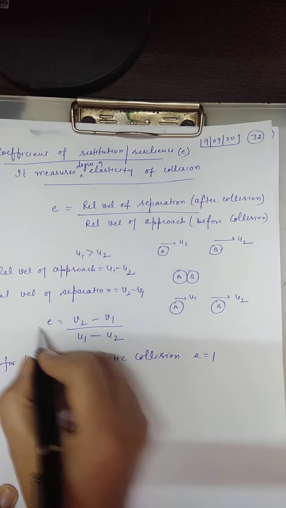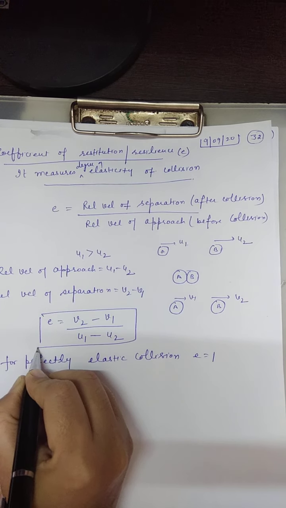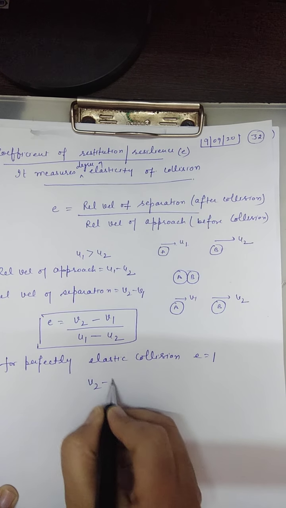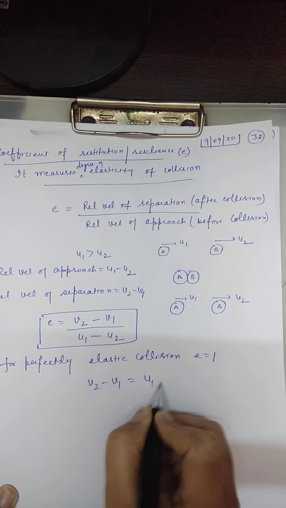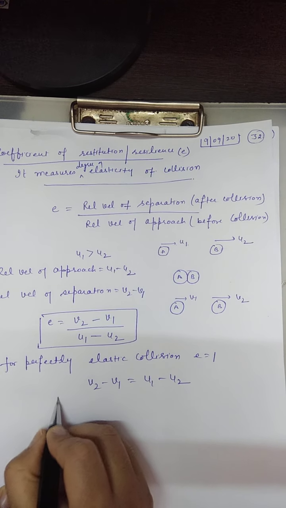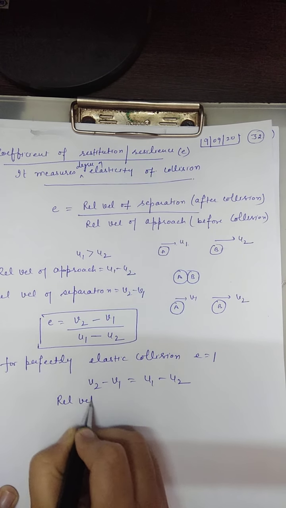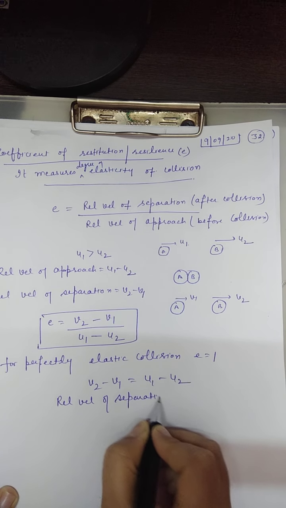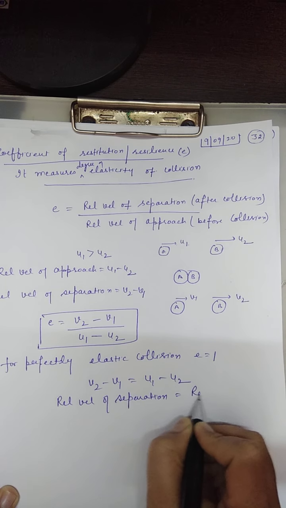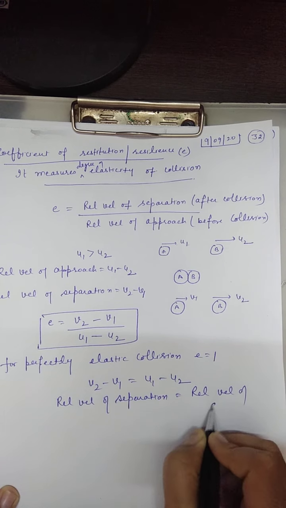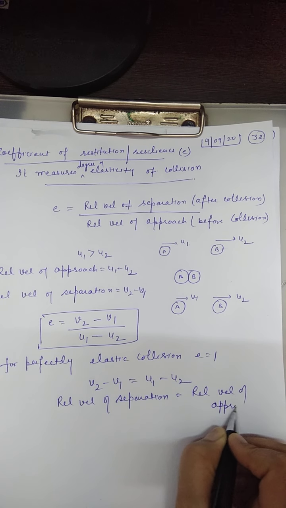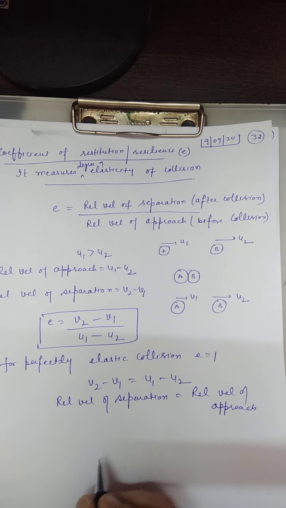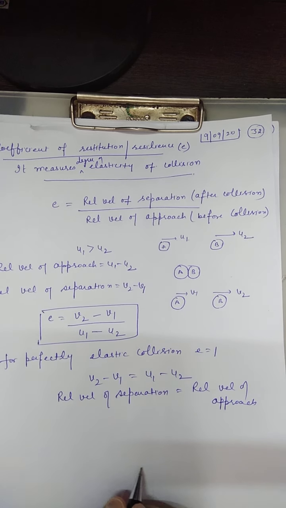If you put this value in this formula, E is equal to 1, so v2 minus v1 is equal to u1 minus u2. This means the relative velocity of separation is equal to relative velocity of approach. Right, students?